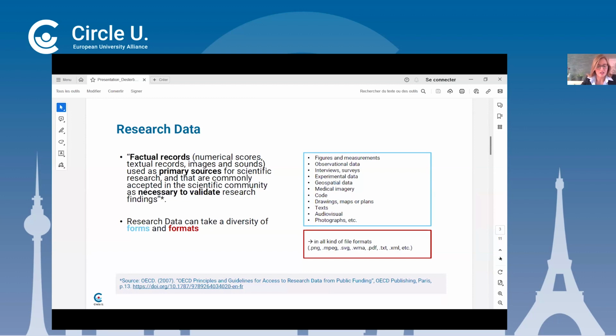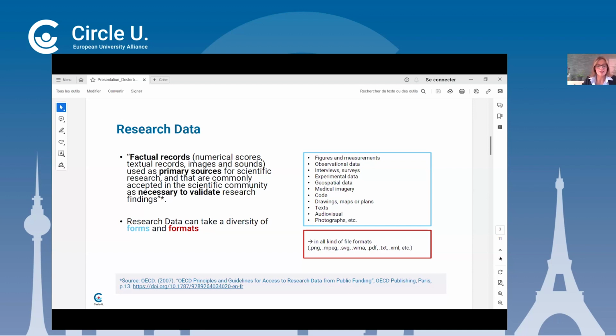The OECD defines research data as factual records, which can be numerical scores, textual records, images, sound, etc., used as primary sources for scientific research and commonly accepted in the scientific community as necessary to validate the research findings.